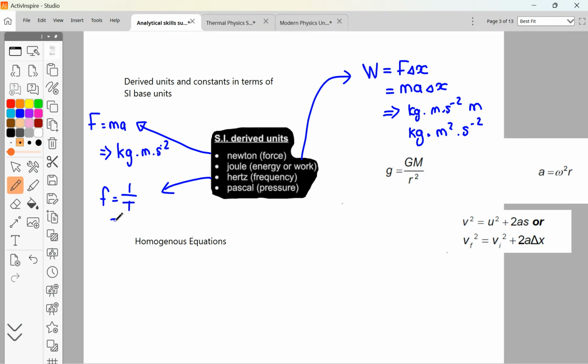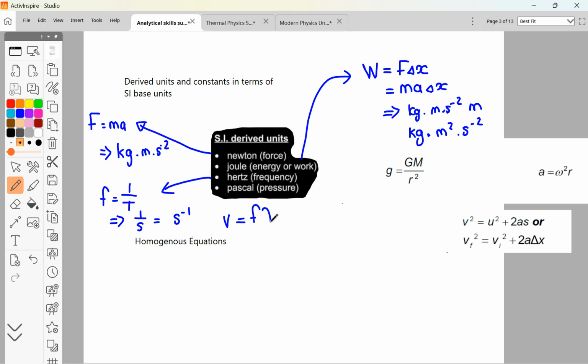So that's going to be, if you change it into units, 1 over seconds, which gives us seconds to the minus 1. And if you know your wave physics, you will know that frequency, or hertz, is just per second, because it's how many things happen in 1 second. Oscillations, circles, whatever it is, how many happen per second. There's also other equations. You can use the wave equation.